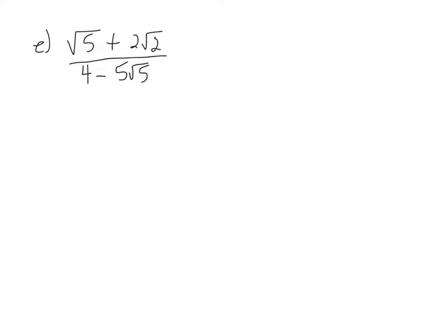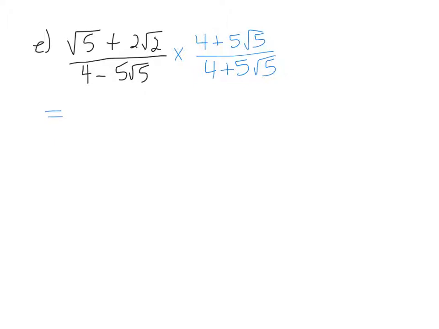Sometimes you'll have a binomial over a binomial. But the process is still the same. What are we going to multiply this one by? 4 plus 5 root 5. This one's going to be a lot of work.